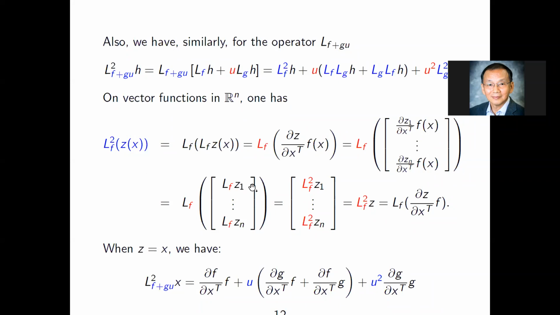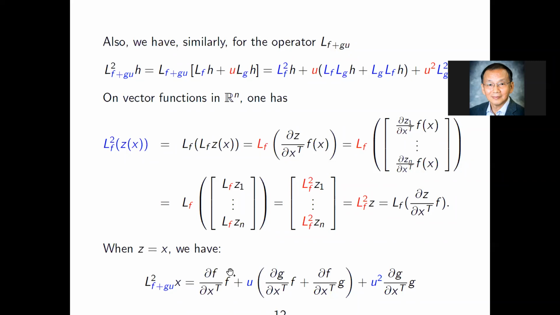Instead of any nonlinear function C of x, we can try that on x. And again, we obtain this nice polynomial with directional derivatives of f and g with respect to f and g. And that polynomial has vector coefficients, which are nonlinear functions of the state.